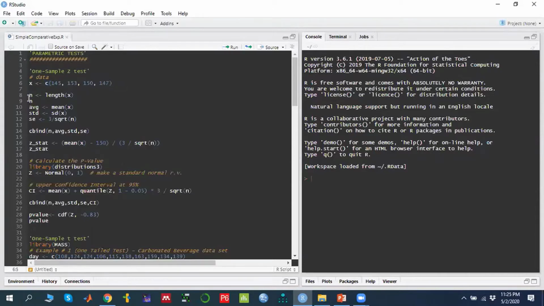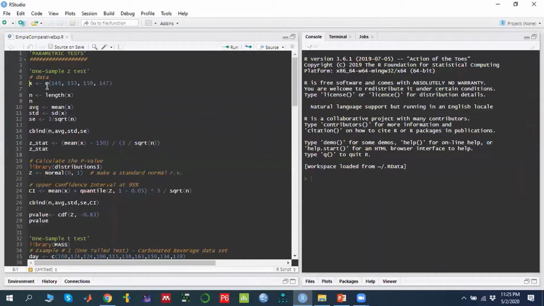And the first thing I am doing is collecting some descriptive analysis. First, the length function: it will just give me the count of these numbers. So right now I'm saying length of x, that means count how many values are available in this variable.